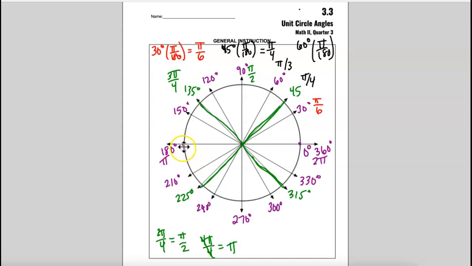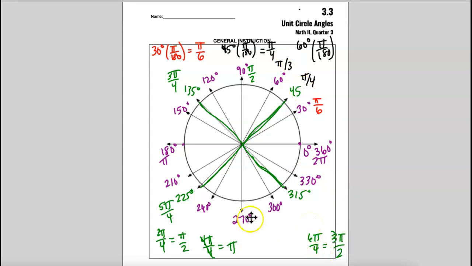Let's keep going. Another gives 5 pi over 4. Another, 6 pi over 4, which reduces to 3 pi over 2, because these both divide by 2. So 270 is 3 pi over 2. Then 315 would be 7 pi over 4. And then back to 360 would be 8 pi over 4, which reduces to 2 pi. Okay, so that's our pi over 4 all the way around the circle.